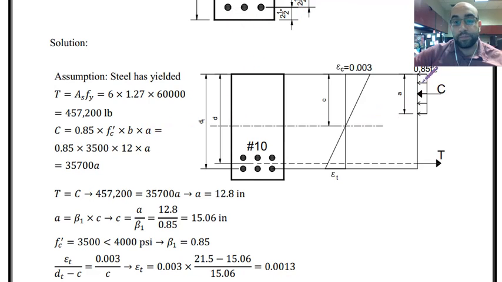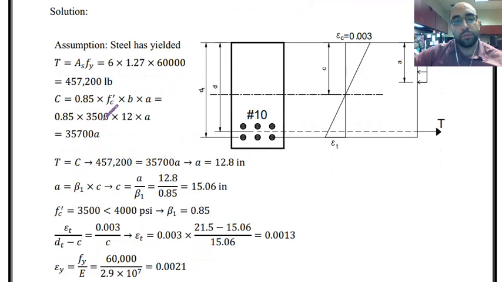And then a is the parameter that I don't know. So as you can see, by multiplying these together, we have this term as the compressive force. So the section is in equilibrium, tension is equal to the compression, and based on that I can find a, or depth of compressive block, as 12.8 inches.